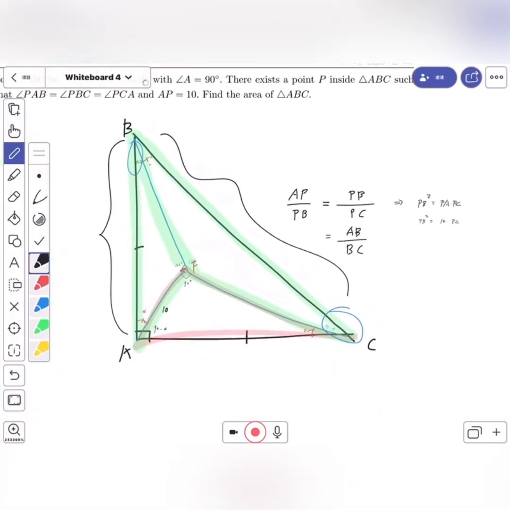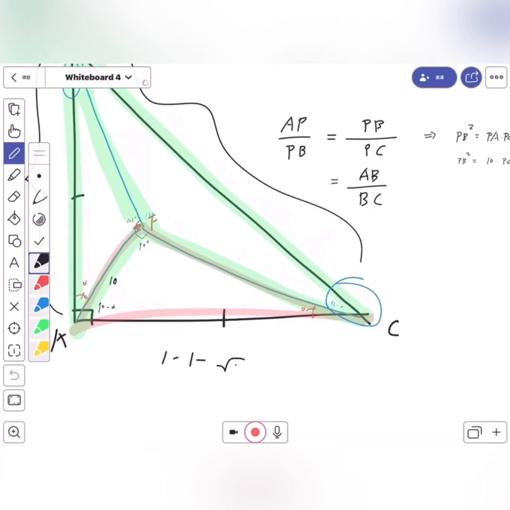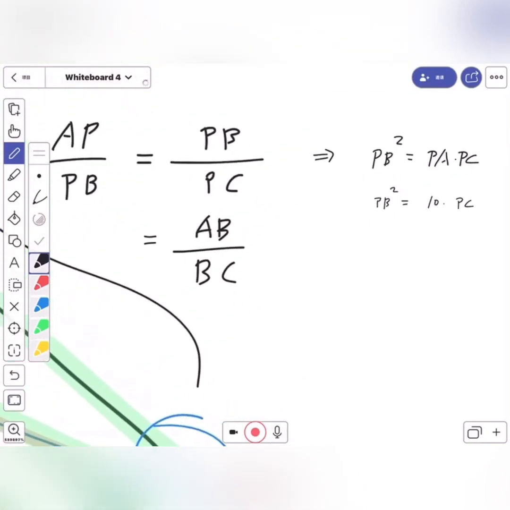And what is AB over BC? Well, we know that this triangle is 1, 2, 1, 2, square root of 2, so essentially this one is equal to 1 over square root of 2.